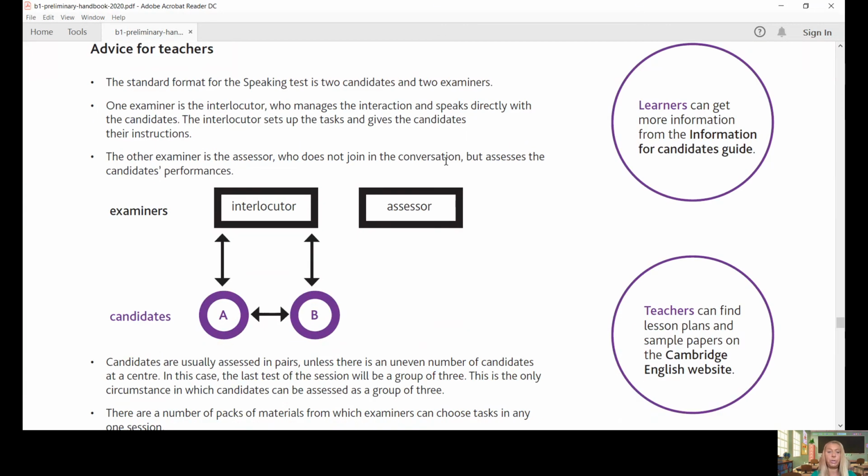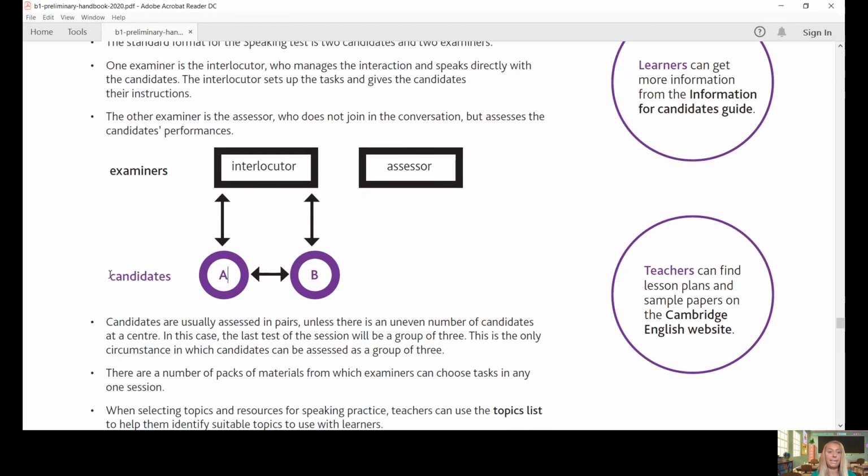So what I would like you to focus on here, if you look at examiners, okay, there will be 2 people in the room. That is the interlocutor, and that is the person talking to you, and the assessor, and that is the person that is listening and giving you a score for your performance.